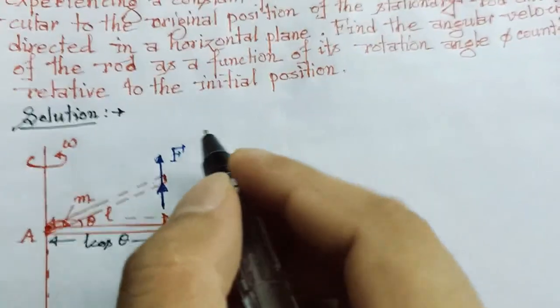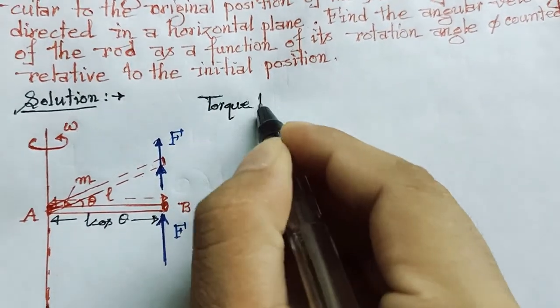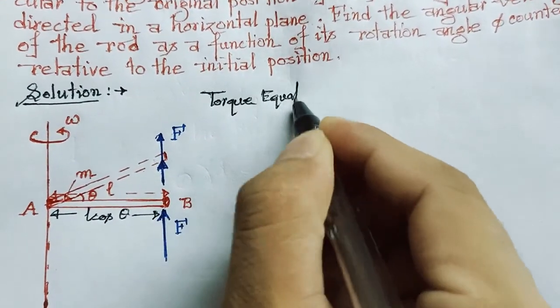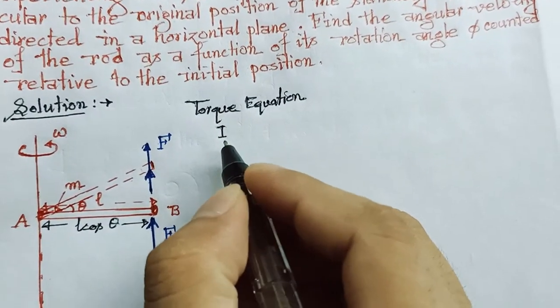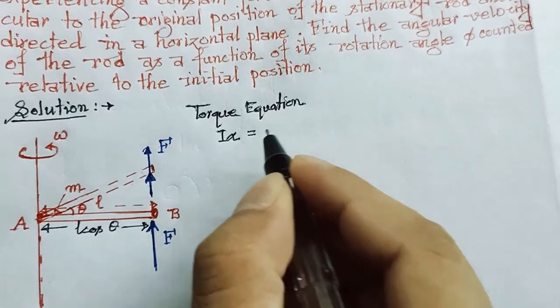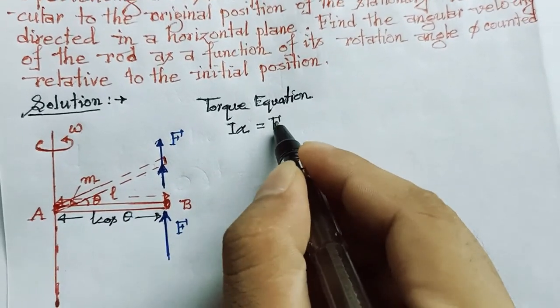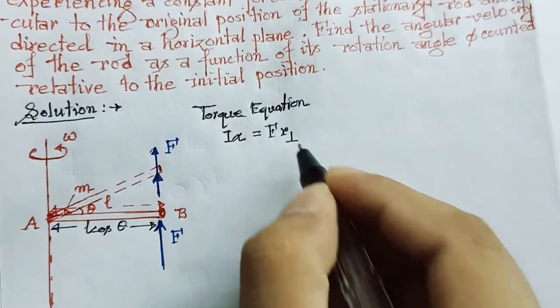Now we'll write the torque equation. From the torque equation, I, the moment of inertia, times angular acceleration will be equal to force F times R perpendicular.